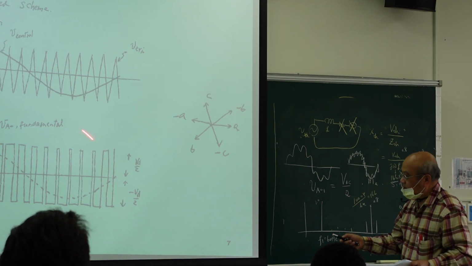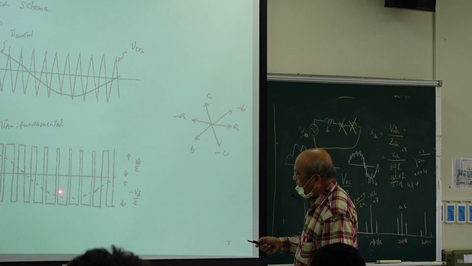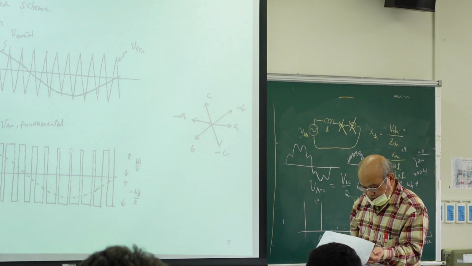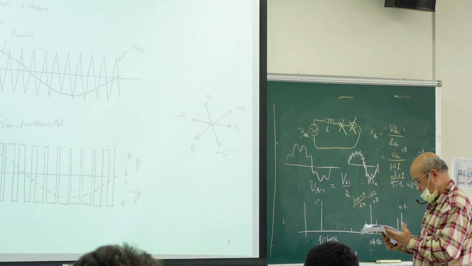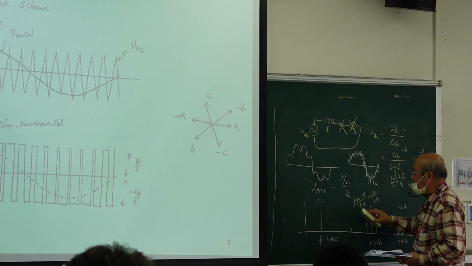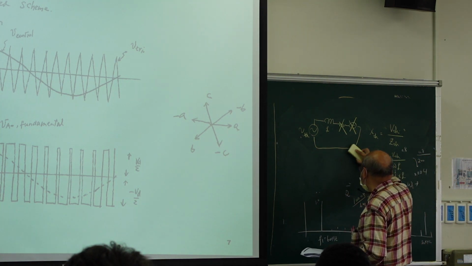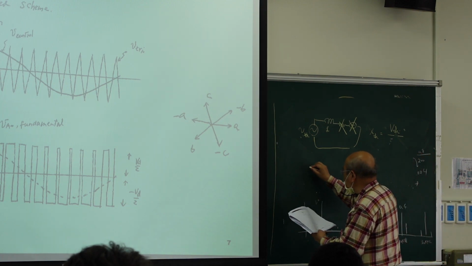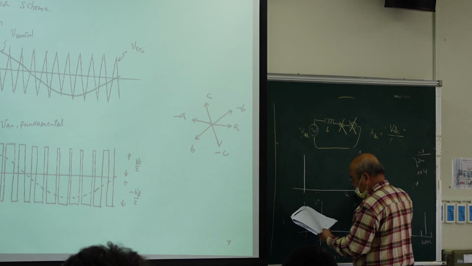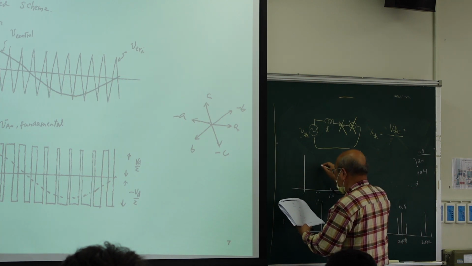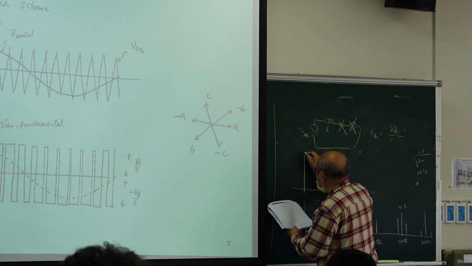So people found, oh, this is good. This is better than 6-step, and it is easy to implement. However, you still have some rule. What is your rule? You cannot put the sinusoidal amplitude too large, because you have to do linear regulation. So this is 1.0. This we call MA.